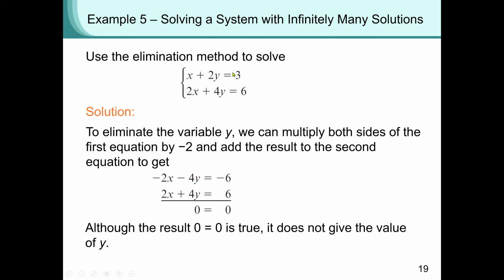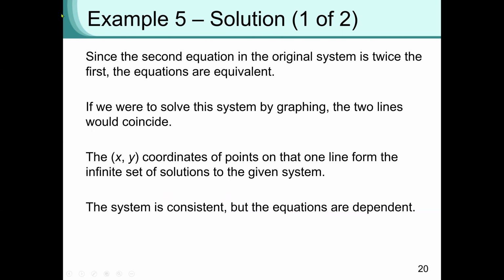If we plot these two graphs, we will get a straight line on each other. So that means there's a lot of intersection, so infinity. Now here we say that since the second equation in the original system is twice the first, the equations are equivalent. Now, if we were to solve this system by graphing, the two lines will coincide.